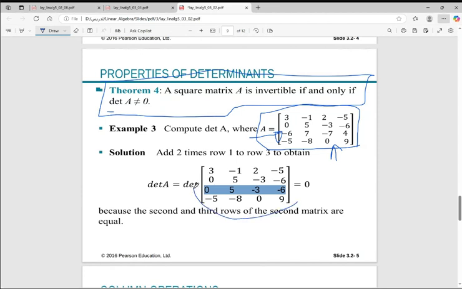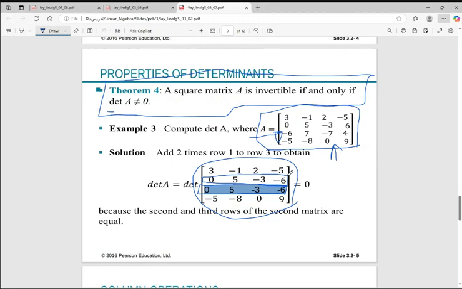And this is the resulting matrix. And in this matrix, you see that you have row 2 and row 3 with the same entries. Row 2, the second row, is exactly the same as the third row.